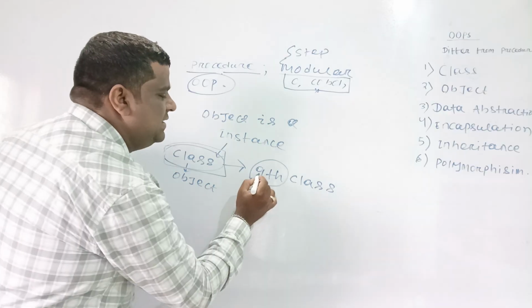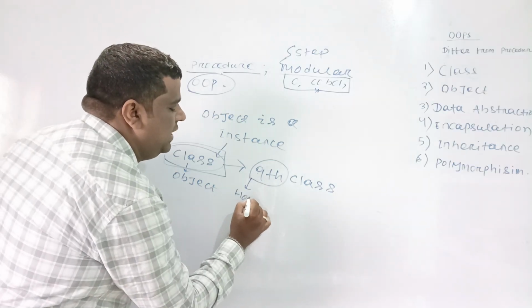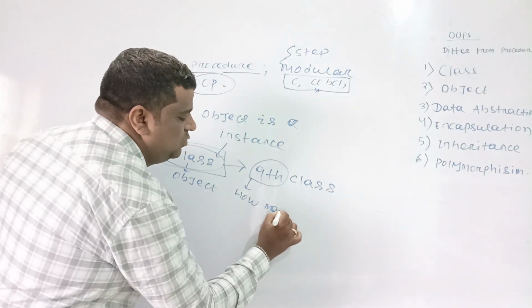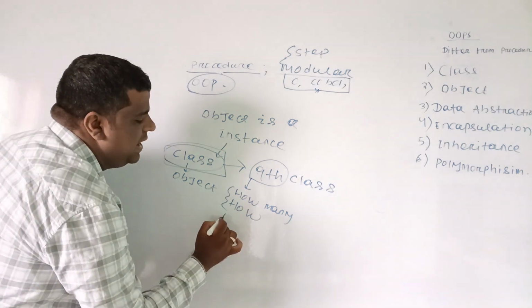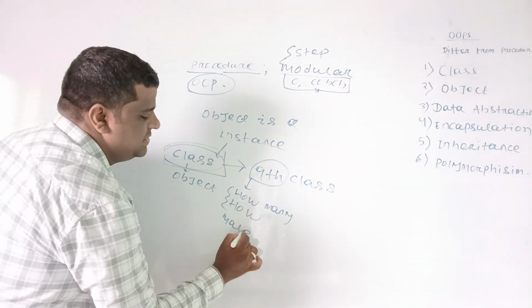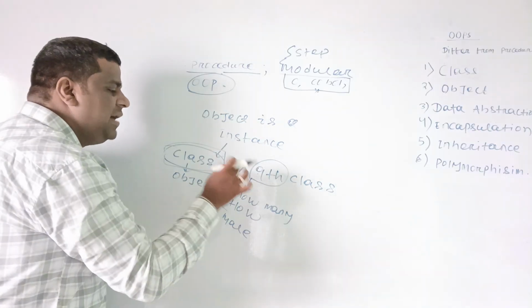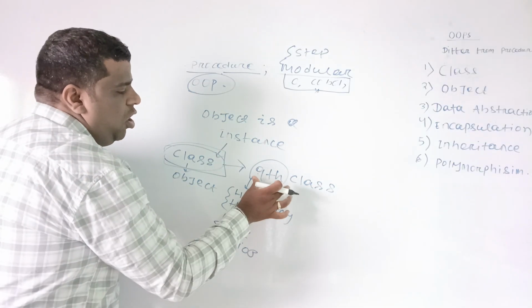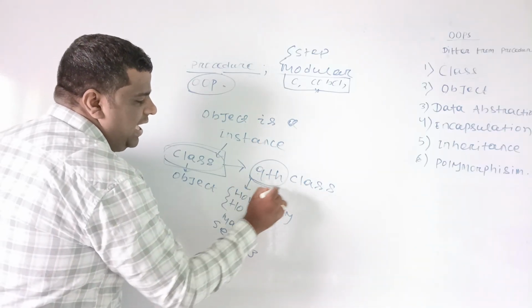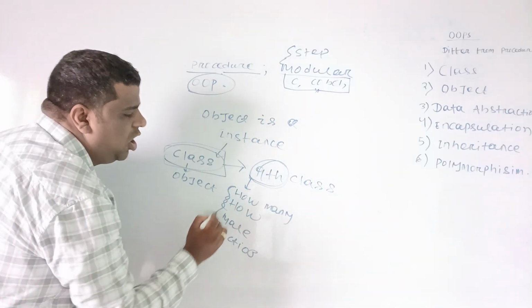It means how many students, how many teachers, what is the ratio of male to female students in your ninth class, and what are the sections. This is the class, ninth class, and these are the objects.